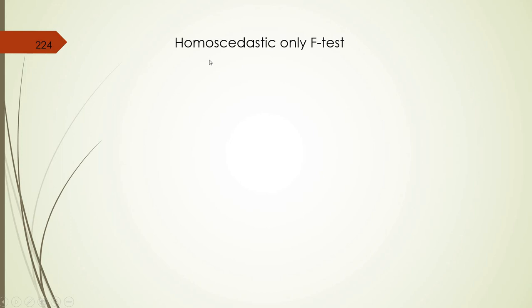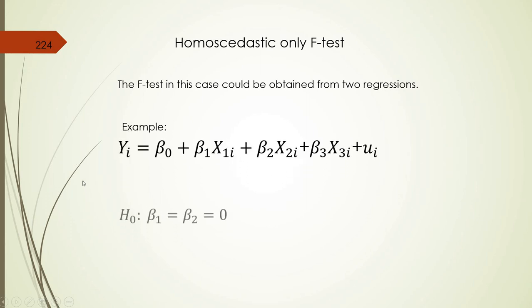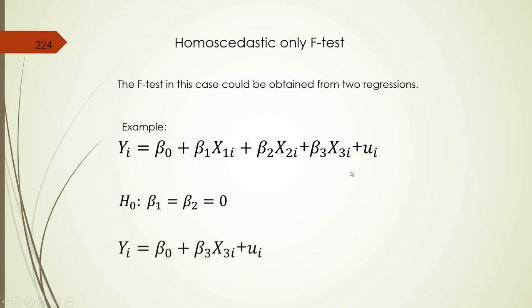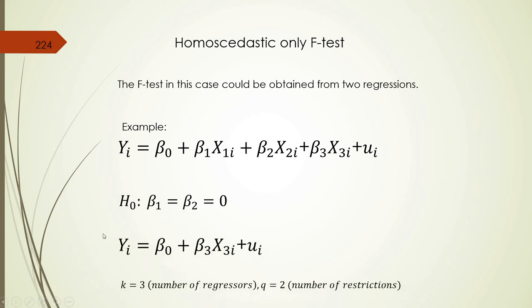In the case if you have homoscedastic data, so you don't have the problem with heteroscedasticity, F-test can be obtained from two regressions, so it can be obtained in an easier way. So for example, if we have this model and we want to test if beta 1 and beta 2 are equal to 0, this is our restricted model.